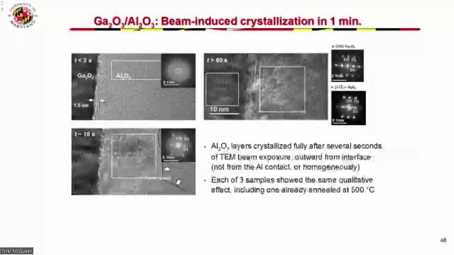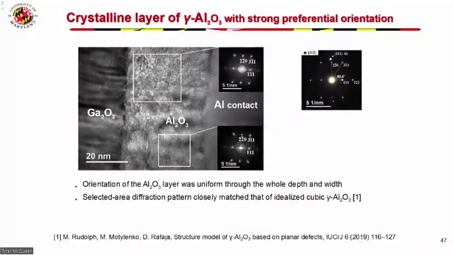So this is the fast Fourier transform from the gallium oxide, and the fast Fourier transform from this area from the aluminum oxide. And it's always the same orientation for aluminum oxide. So we analyzed these areas. This is just comparing two fast Fourier transforms from two different areas, and it's the same diffraction pattern.